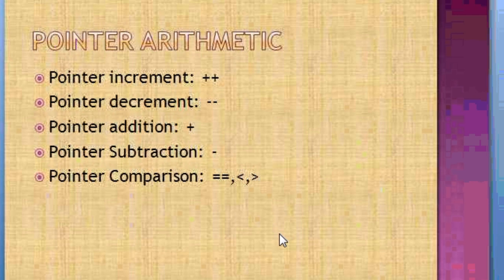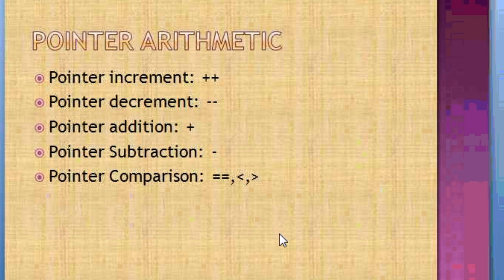So this is the difference between applying the increment or decrement operator on a simple variable and on a pointer variable. Always remember, pointer increment or decrement will increment or decrement the value based on the data type, whatever the size of that particular data type. If it is of type integer, it will increment by 2. If it is of type float, it will increment by 4. If it is of type character, it will increment the pointer by 1 byte.